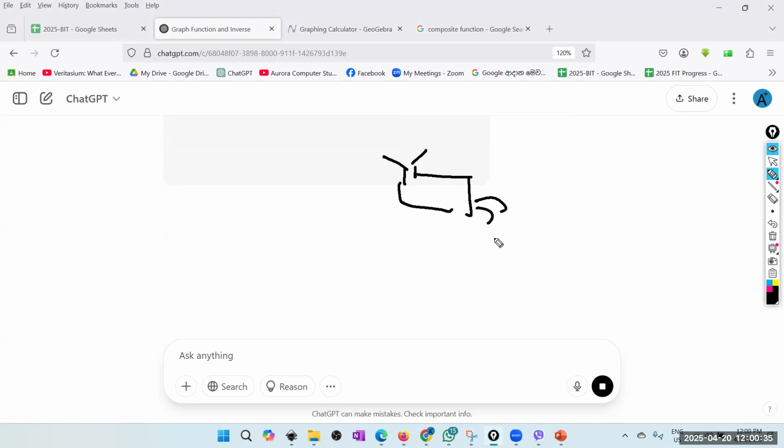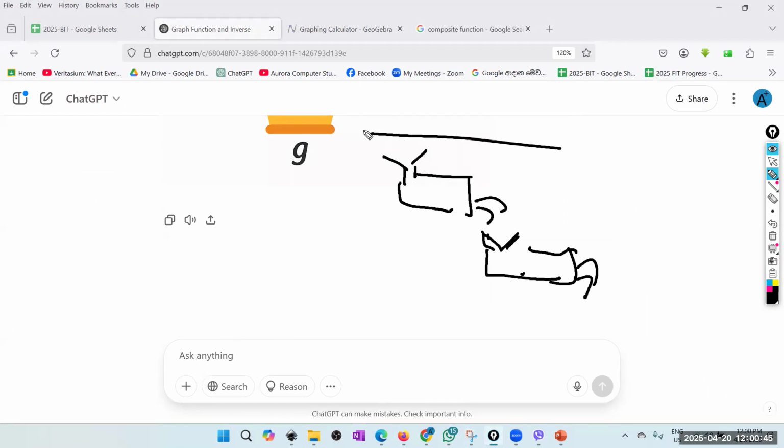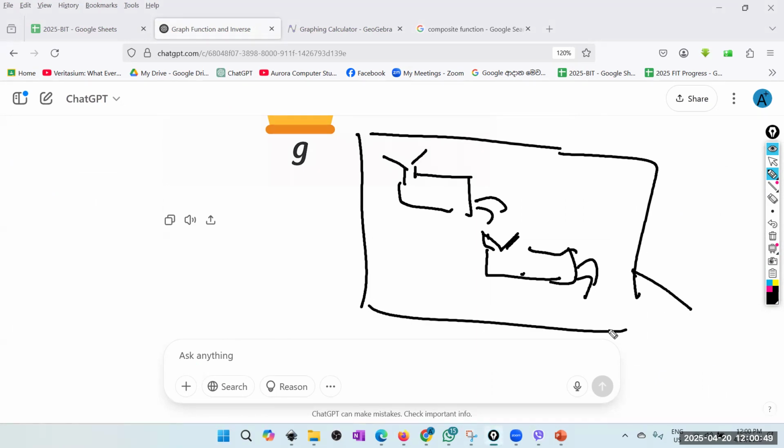Okay. And this is my second function. Okay. And composite function is something like you have a big machine. There you have the output. So rather than giving it to this and taking the output and putting it to this, you give it to this big function.